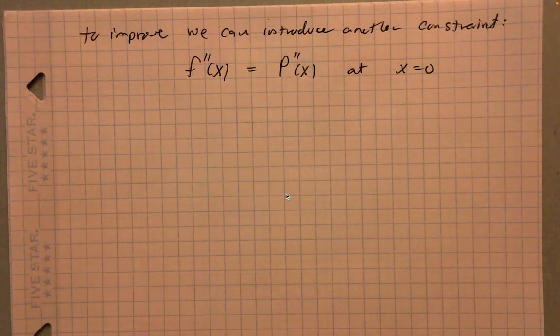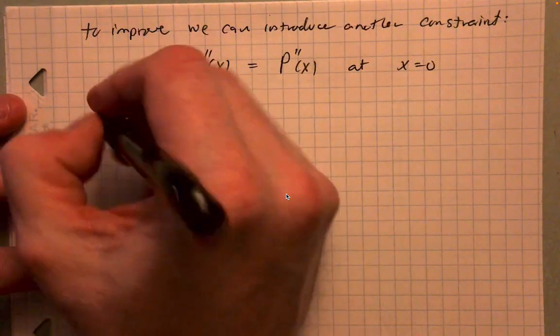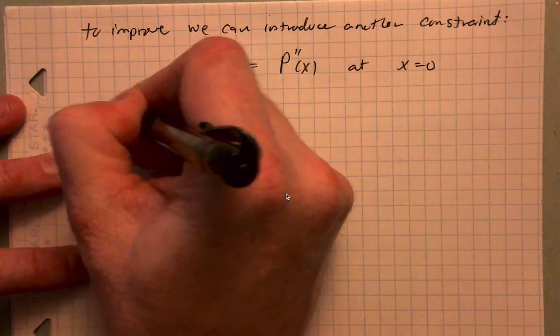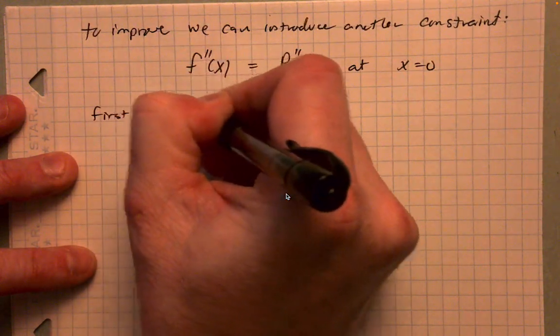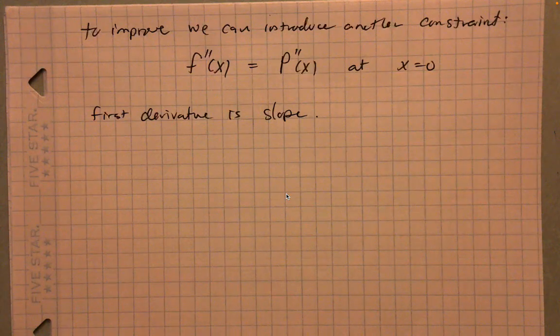Now the first derivative, remember, is slope, right? So by having the first derivatives agree, we are ensuring that the slope of p is the same as the slope of f at the centered value.